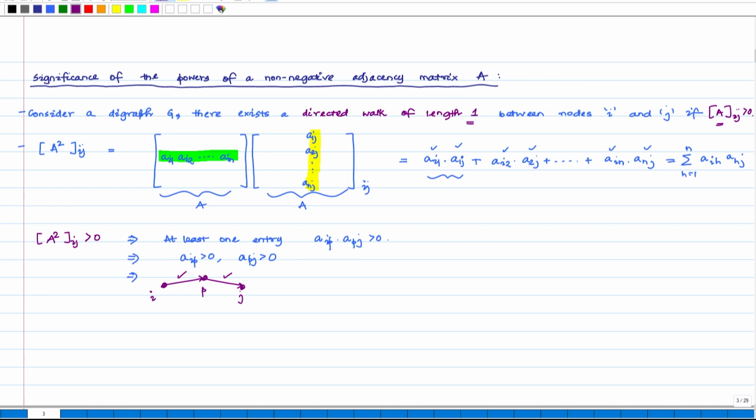This logic can be extended, so that if we raise A to the power k and the ijth entry is greater than 0, then I can say with absolute certainty that there exists a directed walk of length k between nodes I and J.